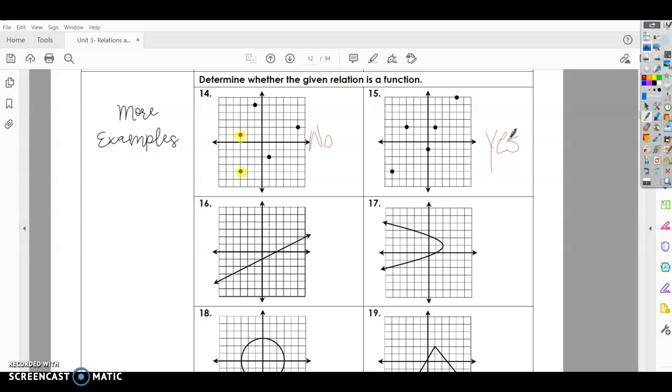Number 16, if you run a vertical line from left to right, you're only going to cross one point at a time. So yes, that's a function. 17 is going to cross more than one, top and bottom. So this one is not a function.